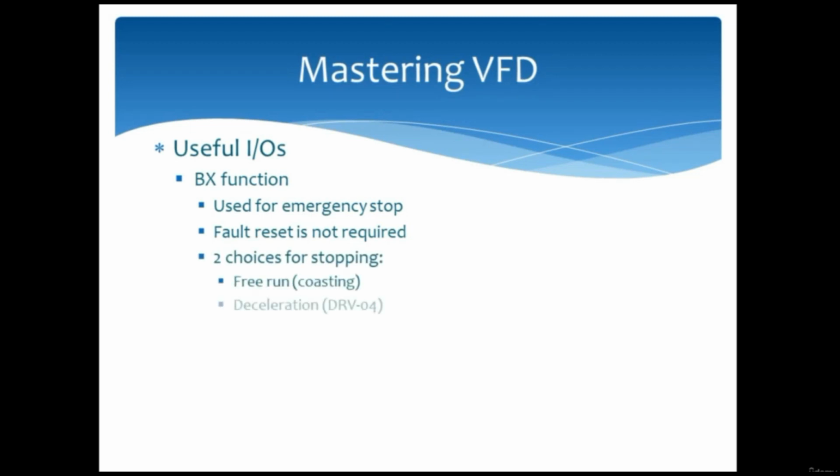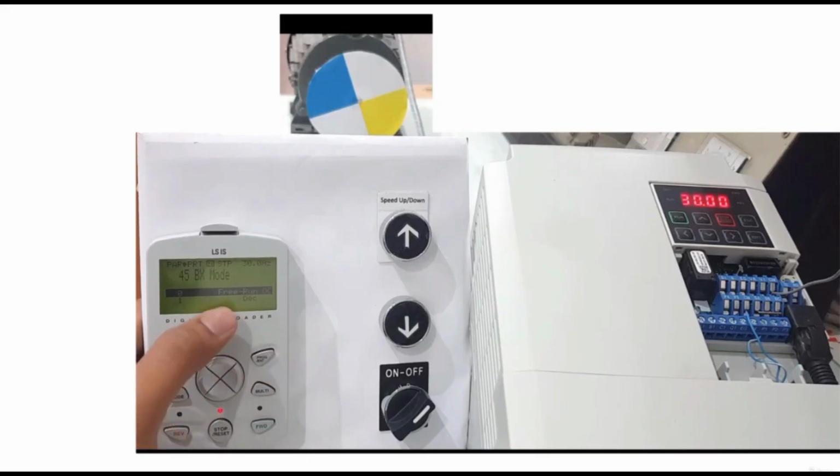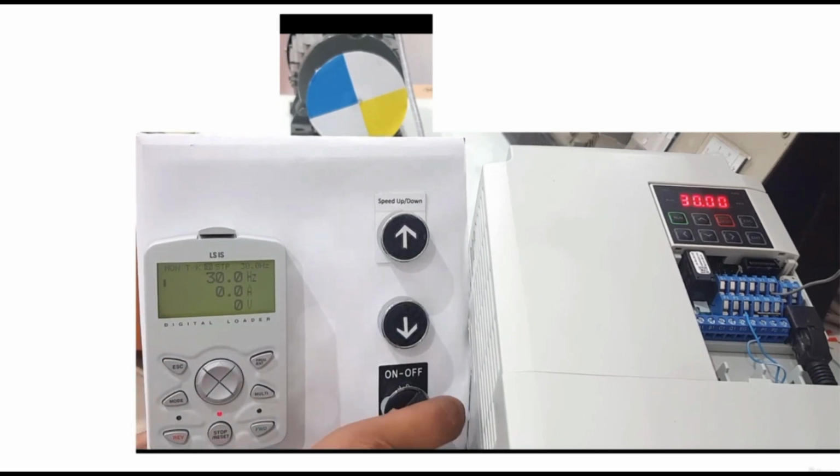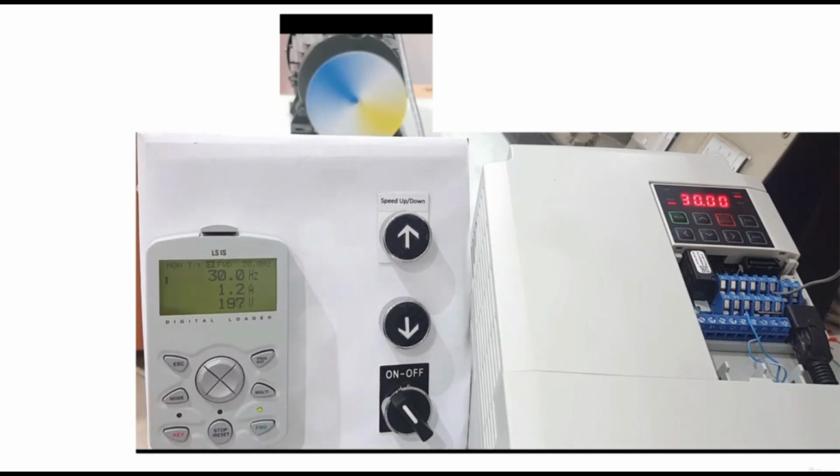Now with BX function we have a choice whether we need the motor to free run or we can select decelerate to stop option. To do that, we will go to PRT 45 and select the option. In my case, I am selecting free run. Now in the background you can see the motor is running.